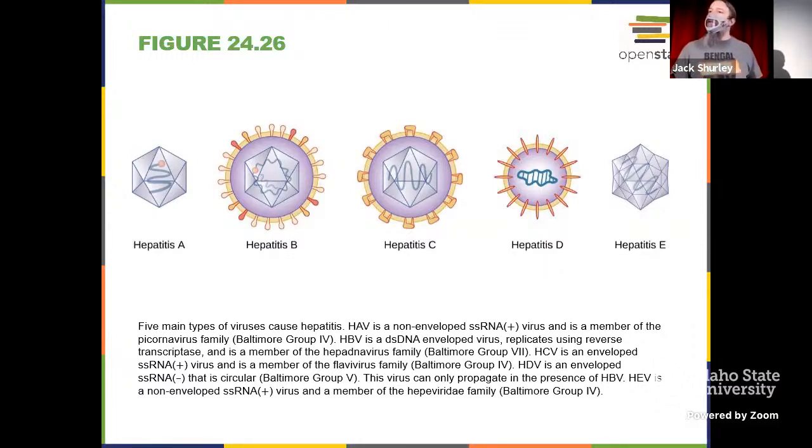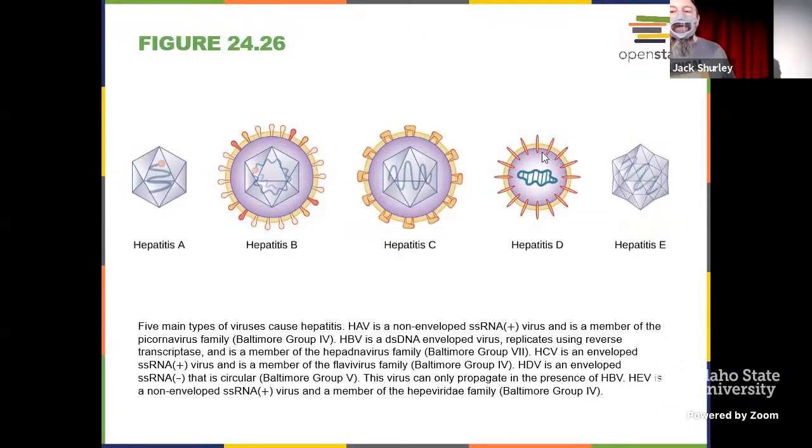Their modes of transmission varied with hepatitis A and E. We think of these guys being transmitted by a fecal oral transmission, a contaminative type of transmission. B, C, and D, we think more fluid stuff, blood, semen as a potential for the transmission of these types of viruses.